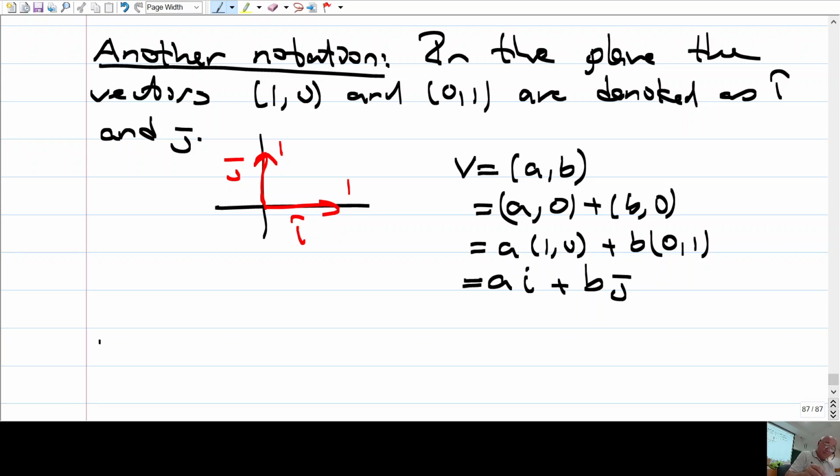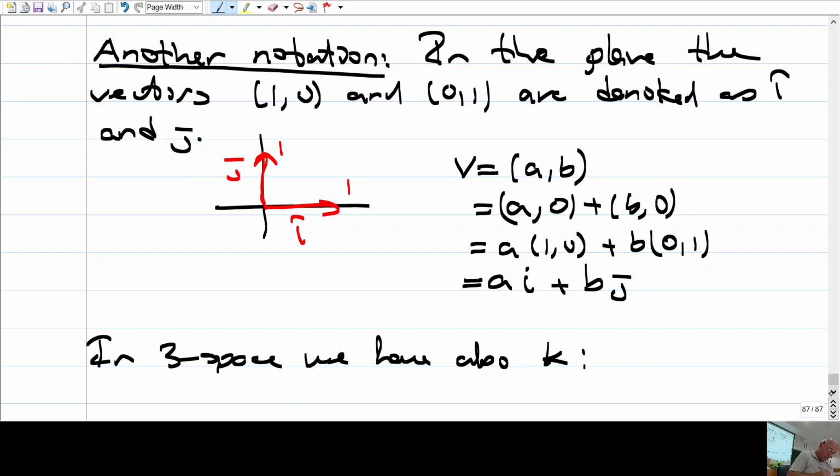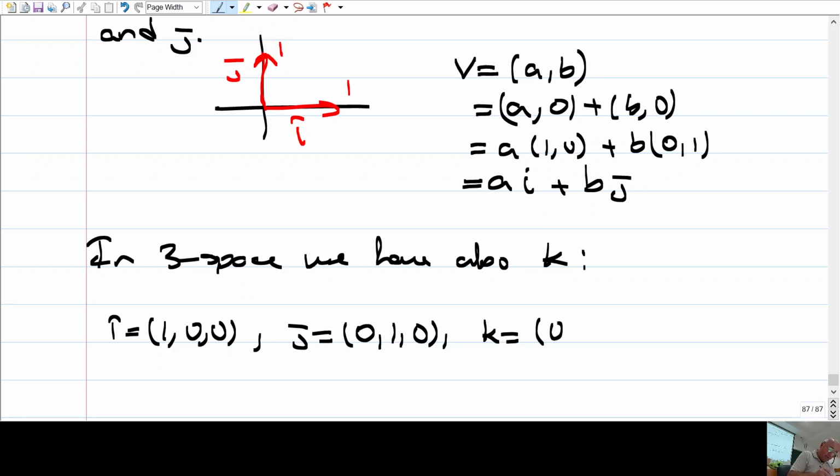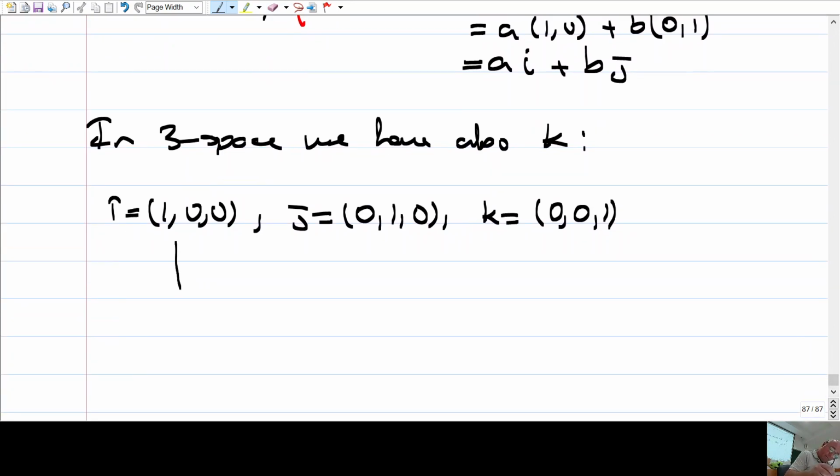In three-space, we also have K. I represents the vector 1, 0, 0. J represents the vector 0, 1, 0. And K represents the vector 0, 0, 1. So we have this. Okay.